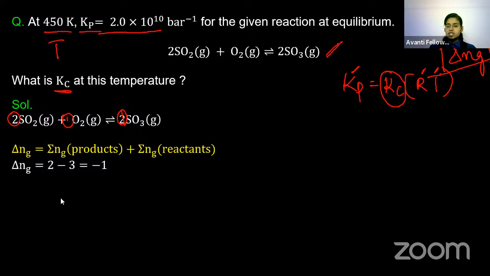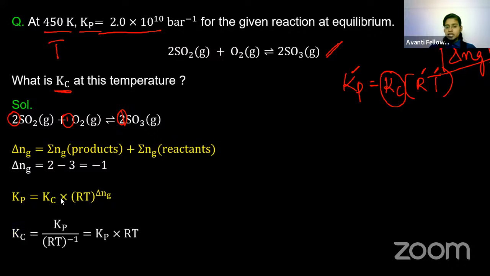Okay, so take the desired relation and substitute. You can also rearrange the equation like this, because we are asked to find out the Kc, right? So keep Kc on one side, and on the other side we will have Kp divided by RT power delta Ng, and that delta Ng is equal to minus 1.